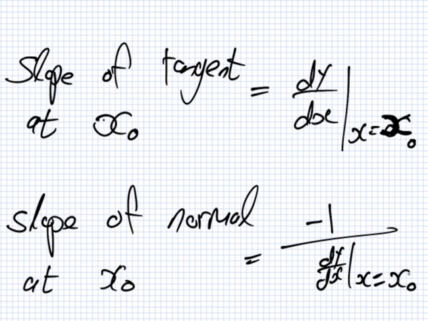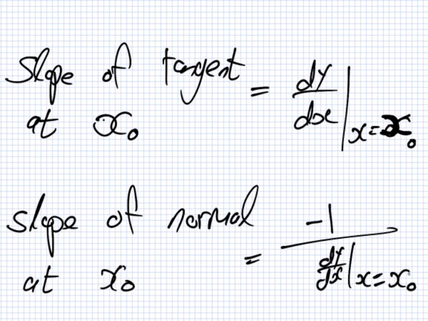Now, the slope of the tangent is equal to dy/dx, which is equal to e^x when x is 1. So what does it equal? It equals e.